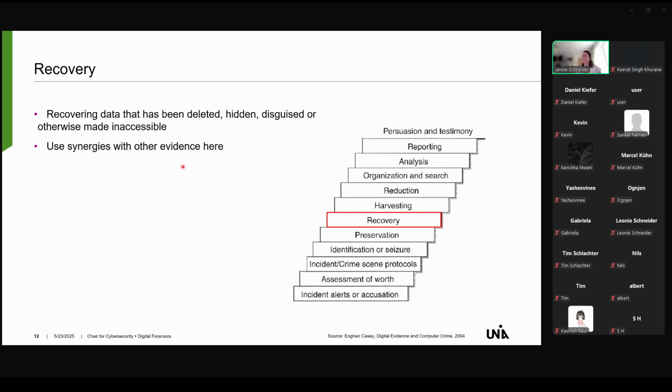If you think about encryption, then maybe there is some USB drive where somebody stored a file with all passwords, and then you can use that synergy to decrypt something else. Okay, but it can also be more technical. Yeah, but we will discuss that later.